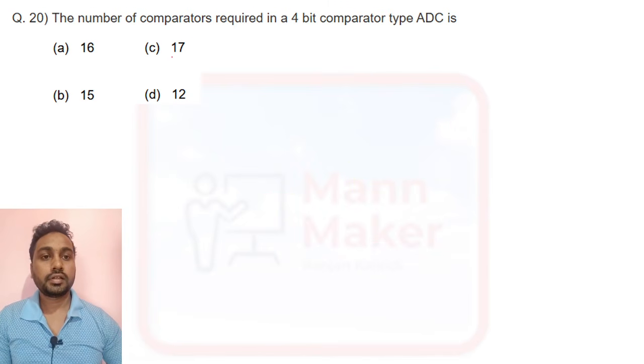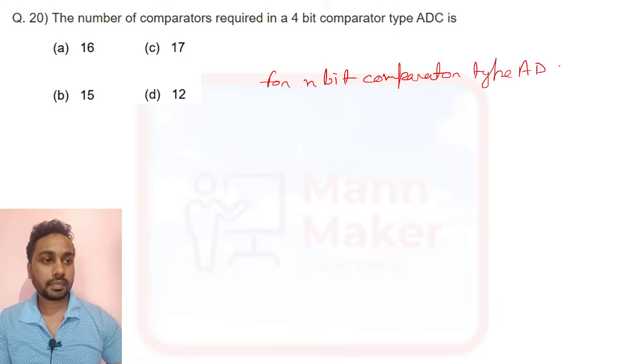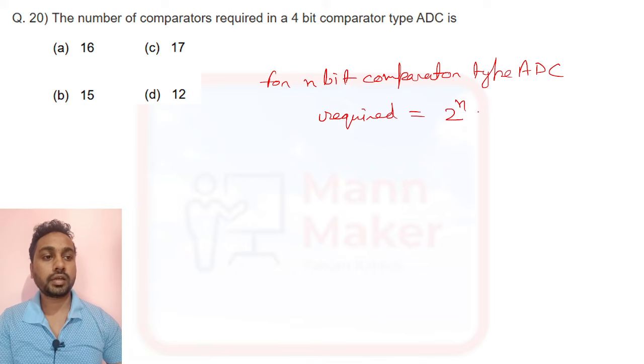The number of comparators required in a 4-bit comparator type of ADC, analog to digital converter. For an n-bit comparator type ADC, the number of comparators required is 2 to the power n minus 1.